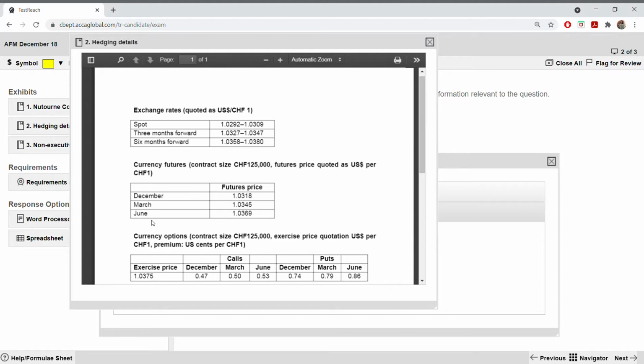So it was November and it ends in May, right? So the closest to May is June future. So they are going to go for this future. Let me highlight it. So the June future.